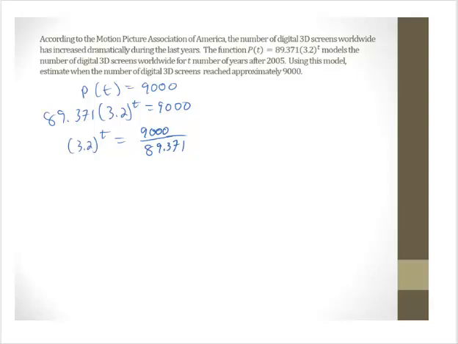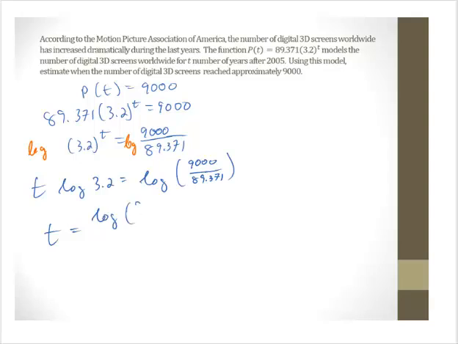Now, I'm going to apply the logarithm to both sides, and use the power property of logarithms, so I can write t log 3.2 is equal to log of 9,000 over 89.371. Solving for t, t is equal to log of 9,000 over 89.371, all over the log of 3.2. Let's approximate that.